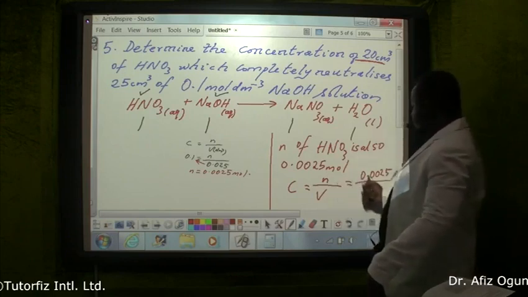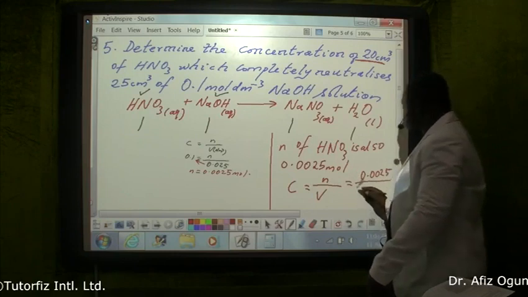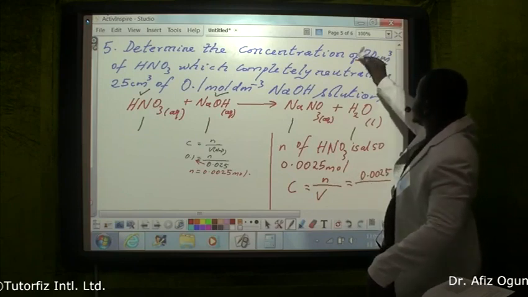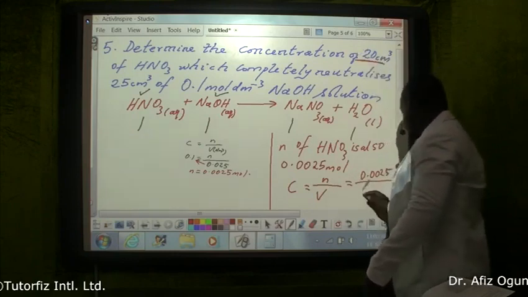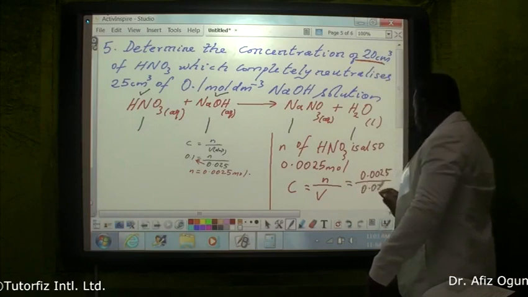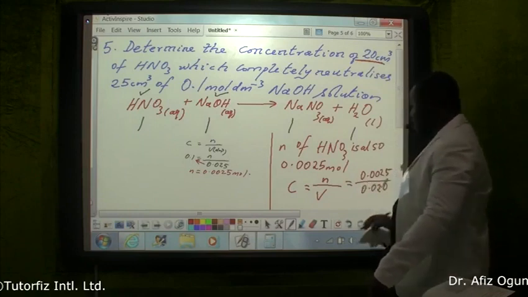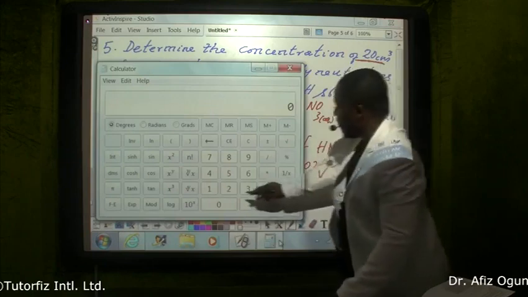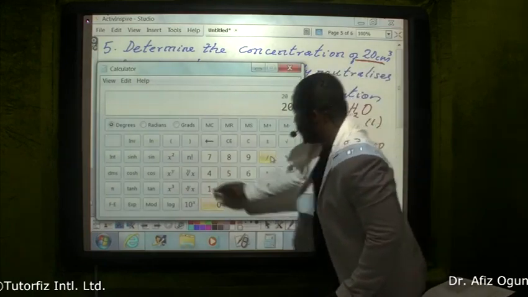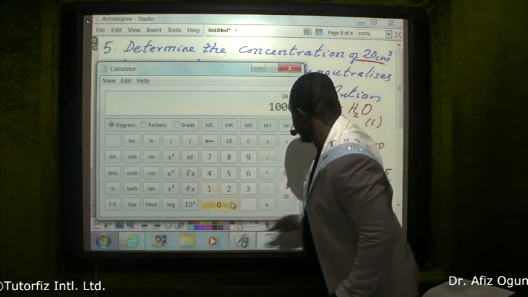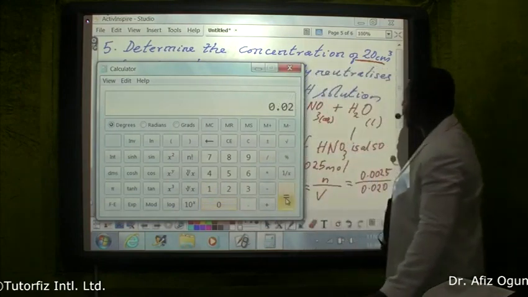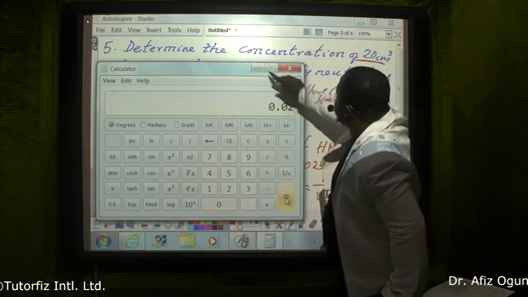The volume is 20 cm cube, which is 0.020. That is 20 divided by 1000, which is 0.02.